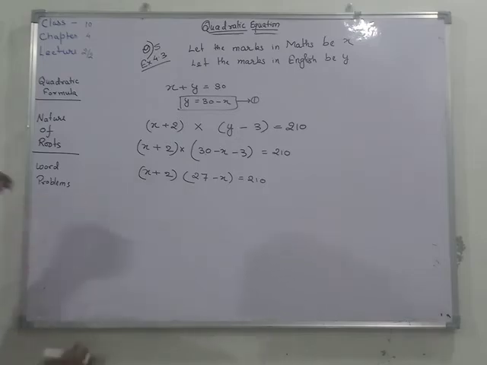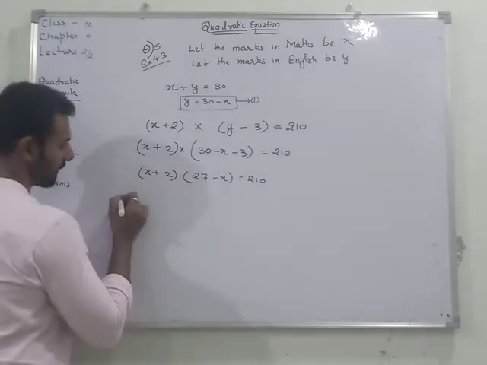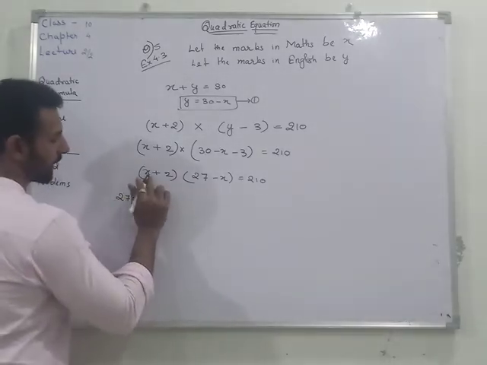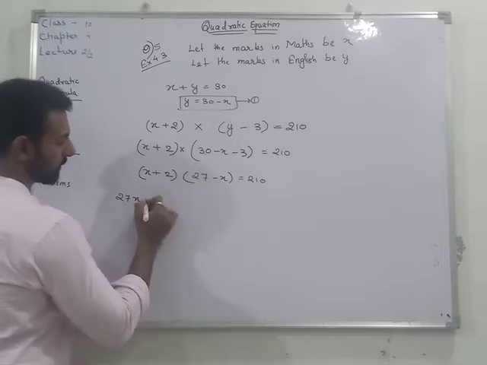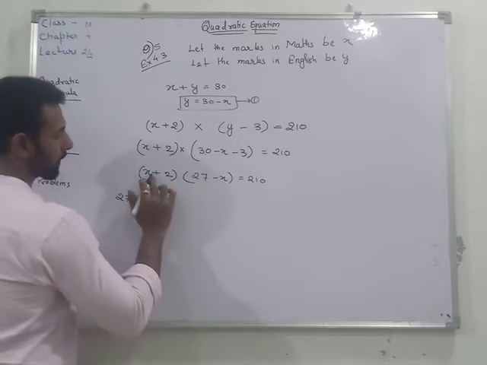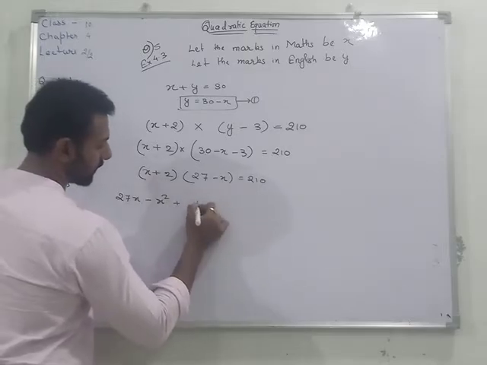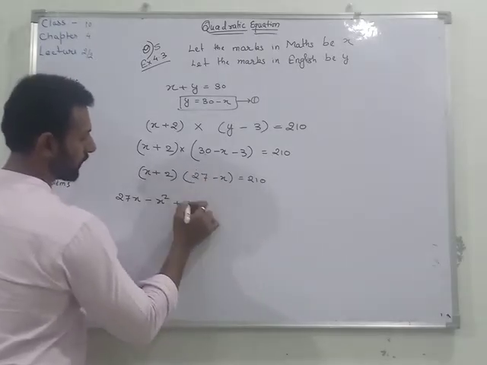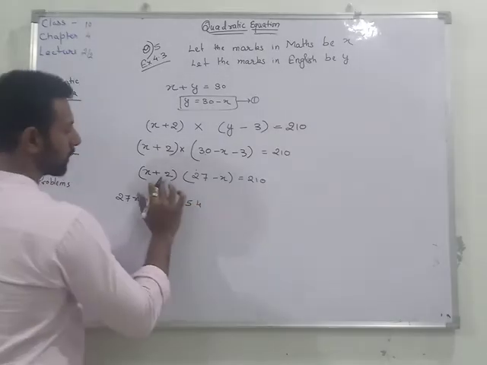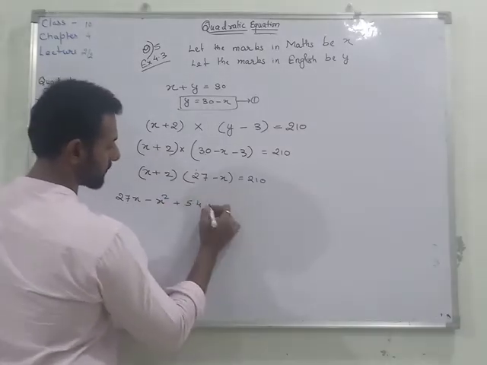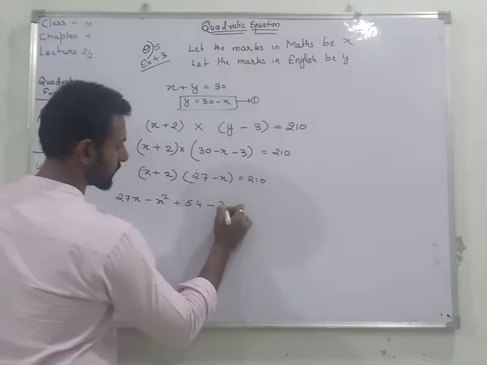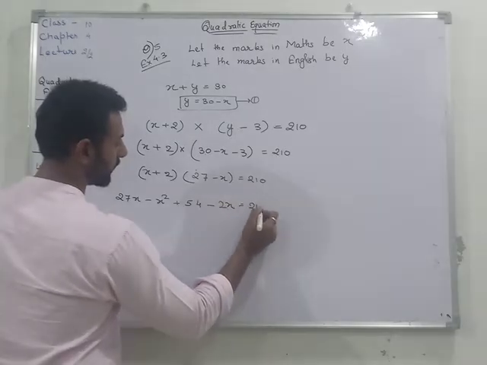Now solving this, x multiplied with 27 is 27x, x multiplied with minus x is minus x square, plus 2 into 27 is 54, plus 2 into minus x is minus 2x, is equal to 210.